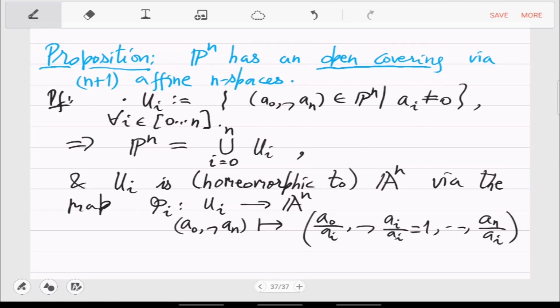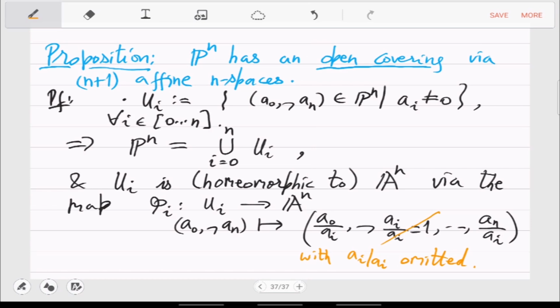Sorry, this has to be omitted. Okay, so from n plus 1 coordinates, you go to n coordinates. You just omit this ai by ai thing, which is 1. So, you go from a0 to ai minus 1 and then go from ai plus 1 to an.